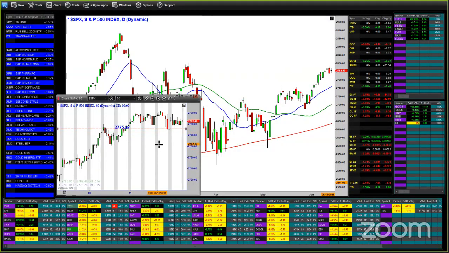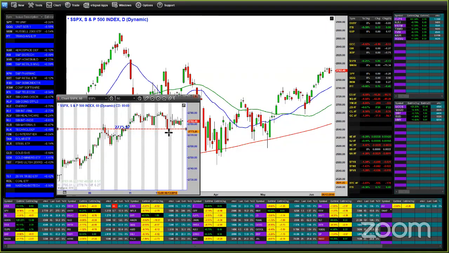Which is right there. Interesting. So it's on an area of support. And you see this is where it bounced up from the other day when it came down to it. And we've got this sideways consolidation there.